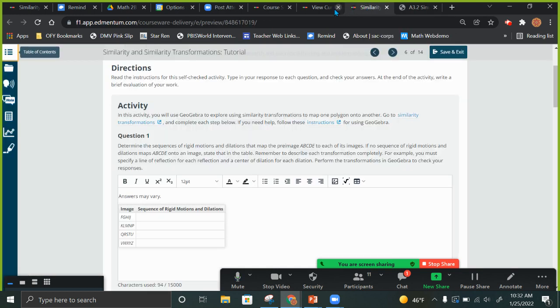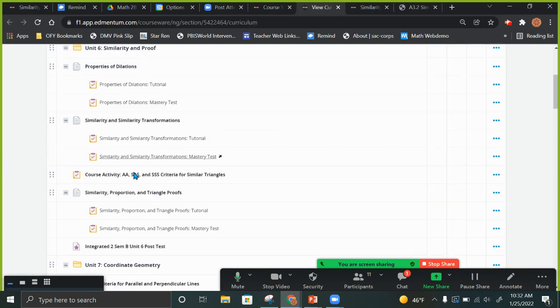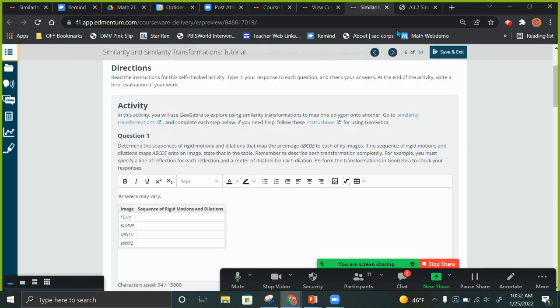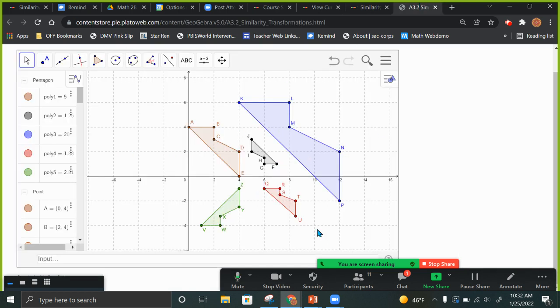So again, we are in Unit 6, Math 2B Unit 6, the second tutorial called Similarity Transformations. Click on the tutorial and click to page 6 and then open up this blue link, Similarity Transformations. You should end up here. This is where I want everyone to be. And I'm going to pause quick so I can open up the class for another student.